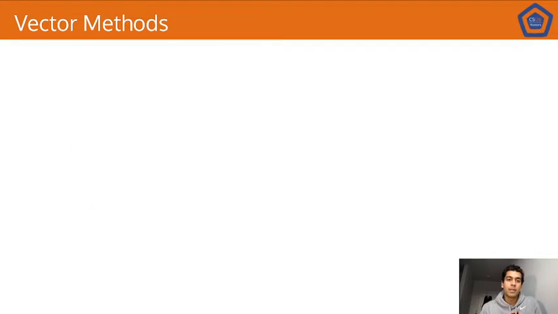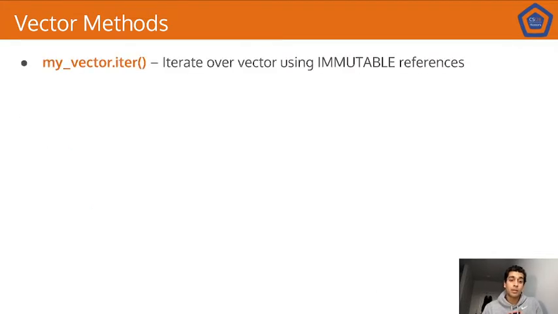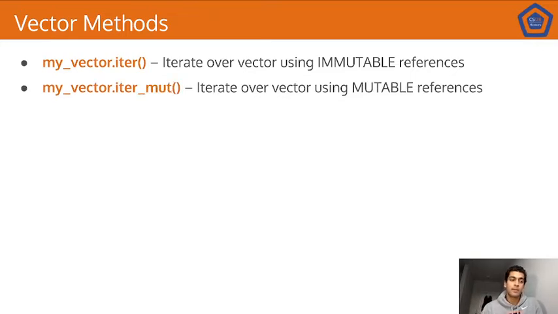Okay, and so these are a lot of useful methods you'll see in the future. This goes along the vein of the functional programming paradigm in Rust. You'll use these a little bit in the MP, so I want to go over these briefly. If you want to iterate through the values in a vector, you can use the .iter method.